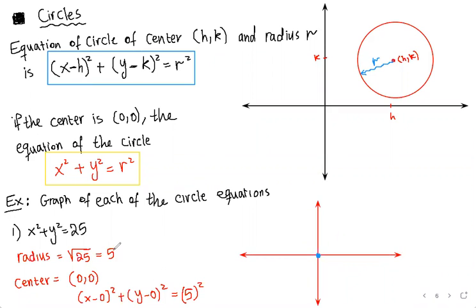And the radius is 5. So this is the 5 here. This 5, same thing here. So it's going to look like this.